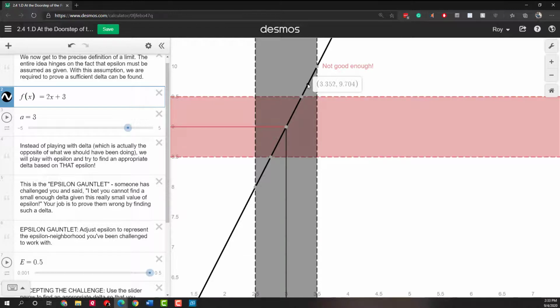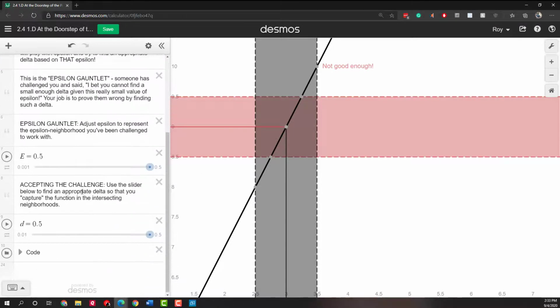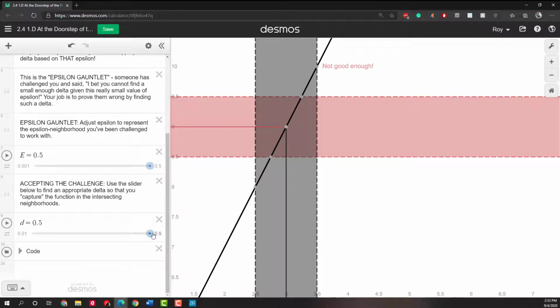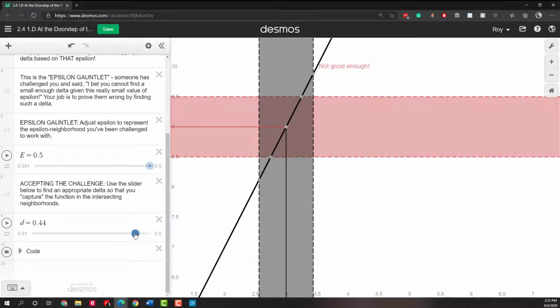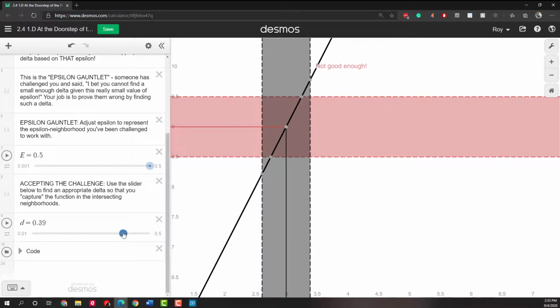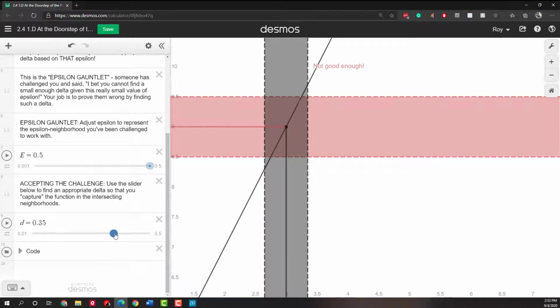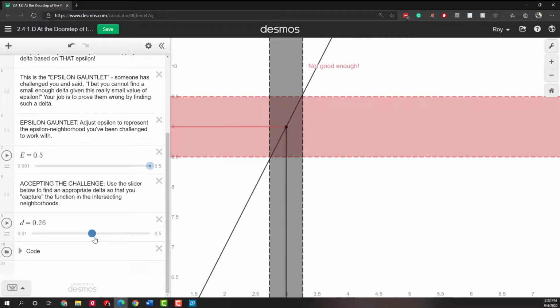So when x is 3.352, which is within our current delta neighborhood, the y value is 9.704, which is beyond 9.5. So that's not going to work. So our job with this epsilon neighborhood that somebody handed us is to tighten up the delta neighborhood. And you can see I'm just showcasing how it's done. It's telling me the entire time, not good enough. So I'm going to keep tightening this up until it says, hey, you've done a great job.